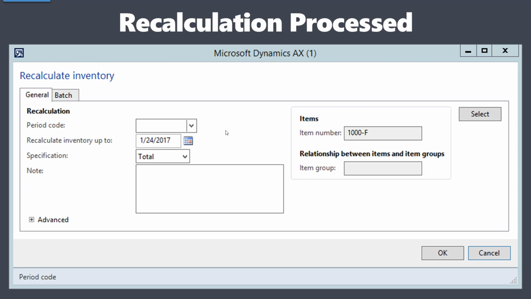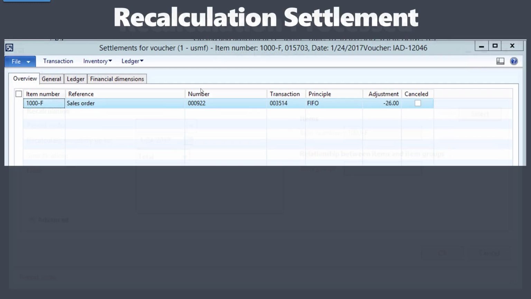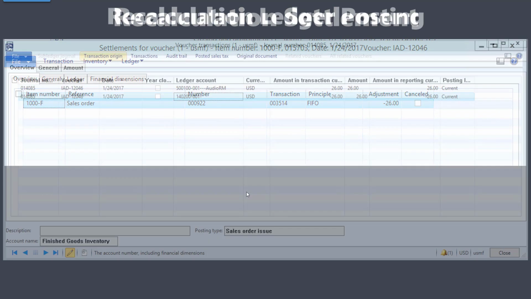I then had something occur after the fact, after I've sold it and invoiced it. So now I've got to run a process to figure out where the differences are and do something about it. And that's what recalculation does. So it's saying I've got to do on this sales order an adjustment of $26 to make up for that additional $26 that hit.